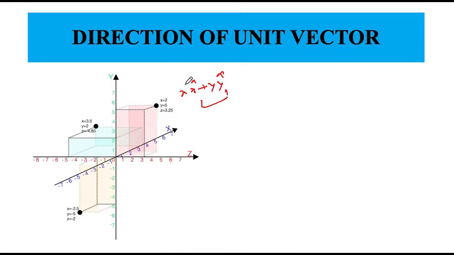Suppose I am at this point, x is in this direction, y is in this direction. If I am at this point, again x is in this direction, y is in this direction. So the x direction will not change, the y direction will not change. Even if you consider z, it will always be pointing upward. So they do not change when I move to a different point. All of the 3 unit vectors will not change.